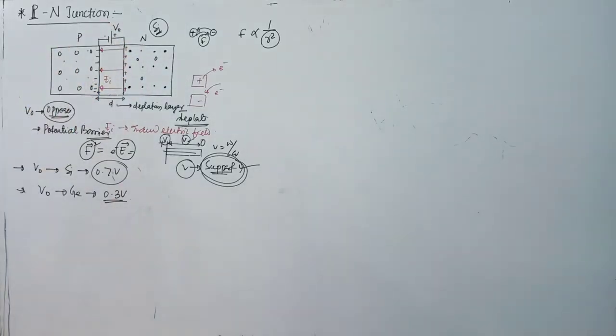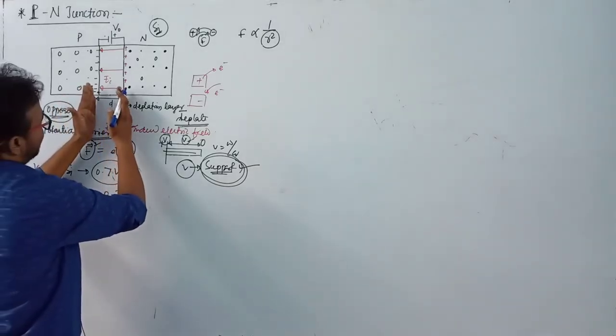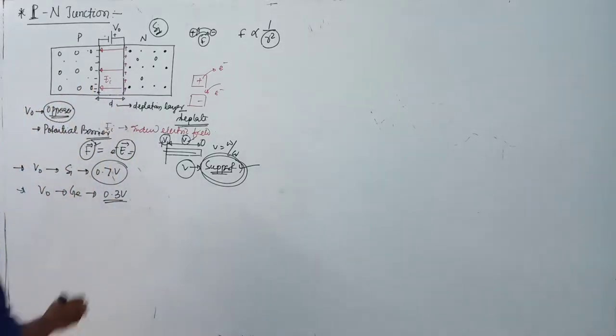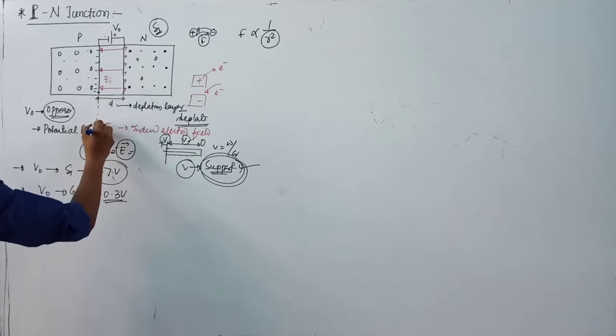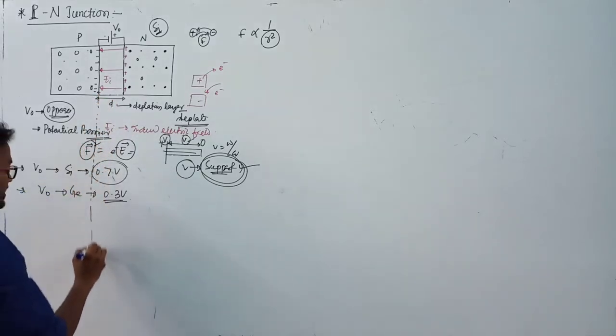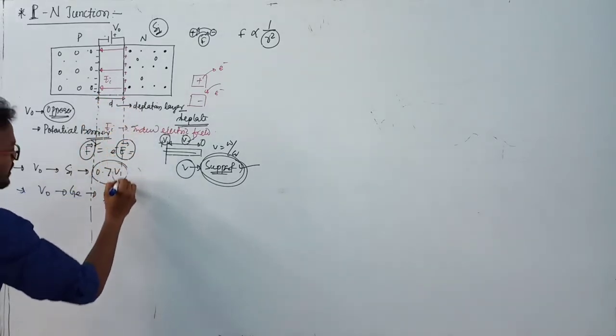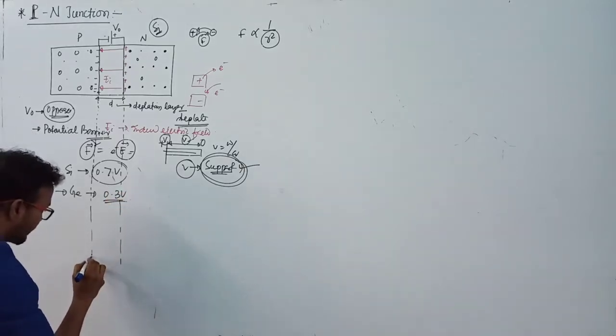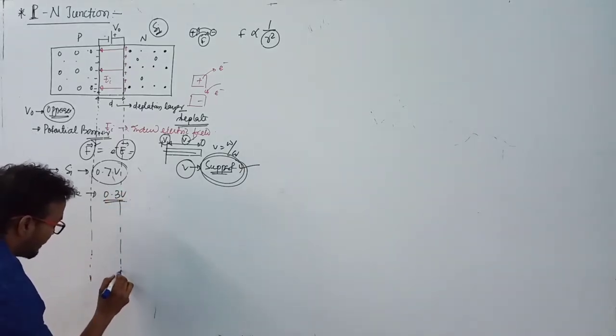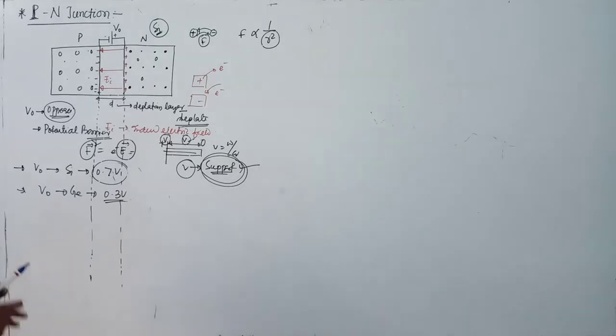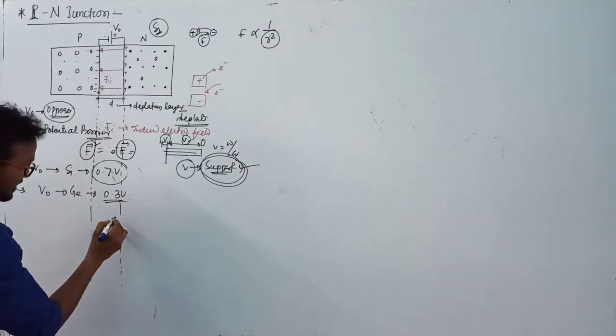barrier. Again, this region is known as the depletion region, and here if you draw a diagram like this, I am drawing here. Clear? So you can draw the depletion region like this.